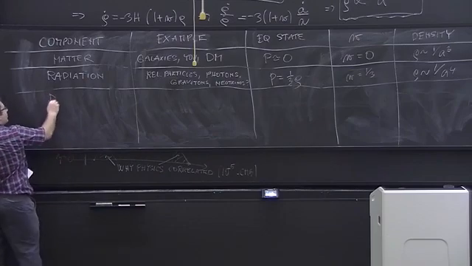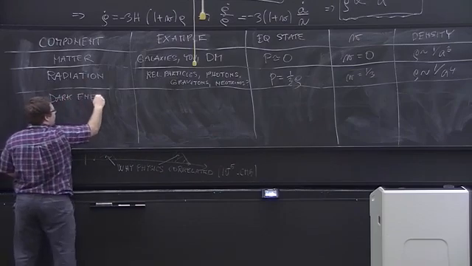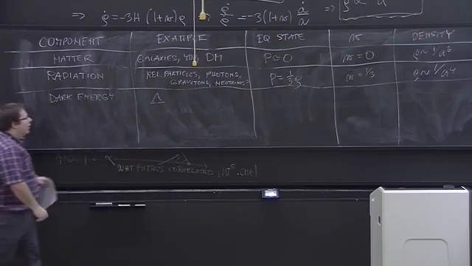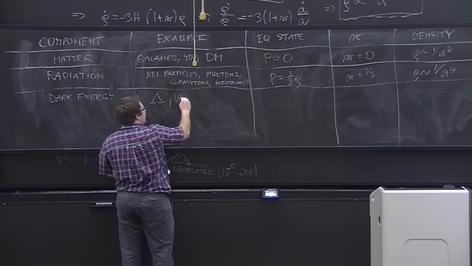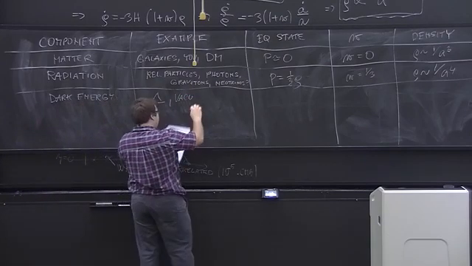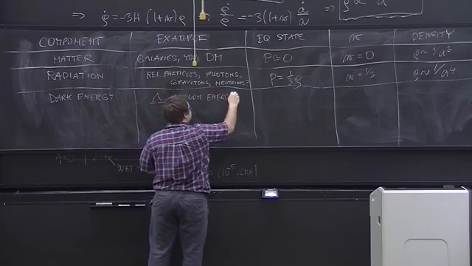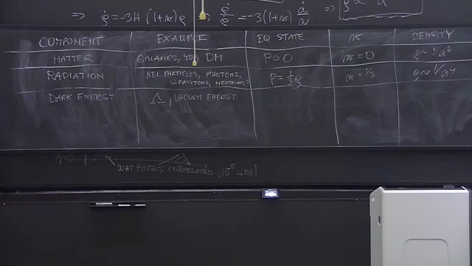And another interesting component is dark energy, sometimes denoted by lambda. There's a contribution to this dark energy through the vacuum fluctuations, the vacuum energy of quantum fields. This has a very interesting equation of state. Basically the pressure is minus the energy density.